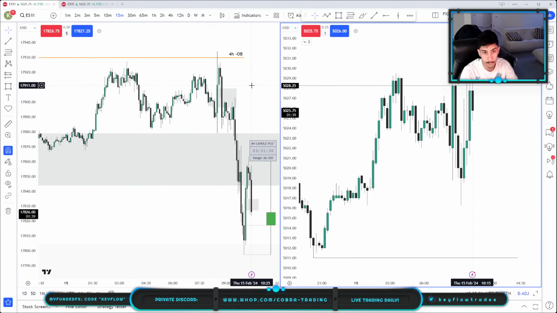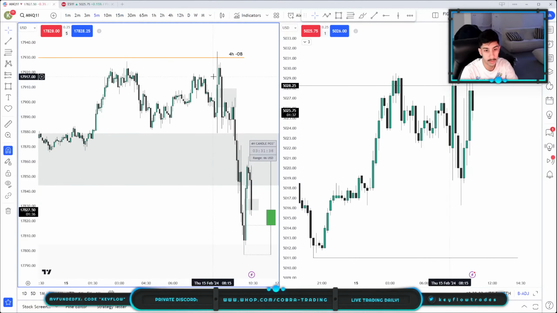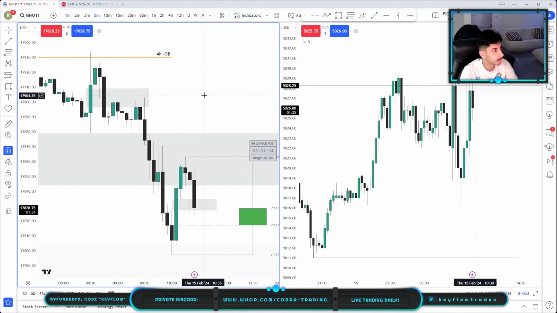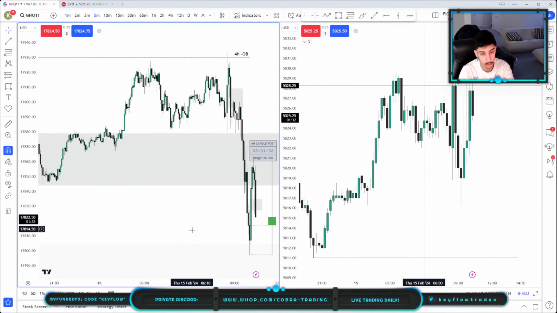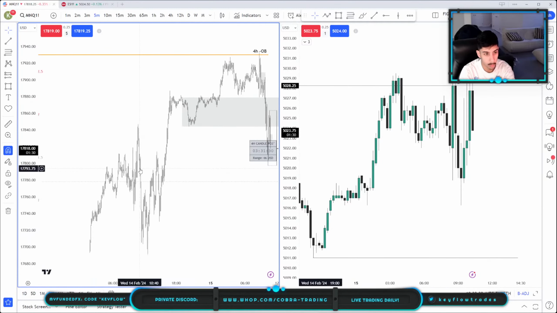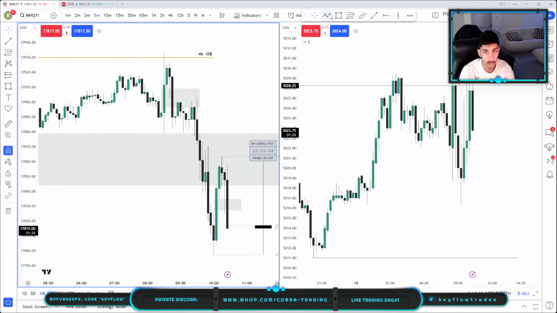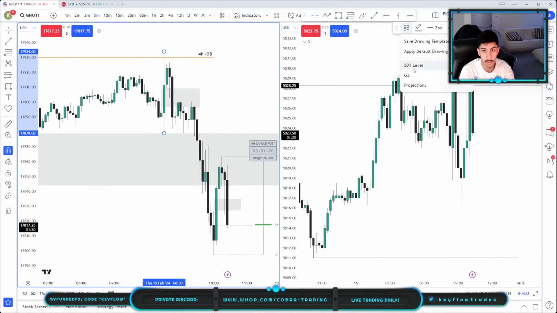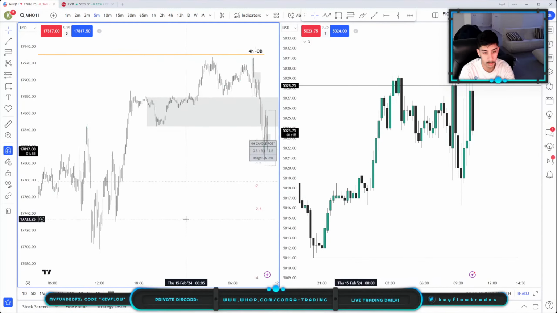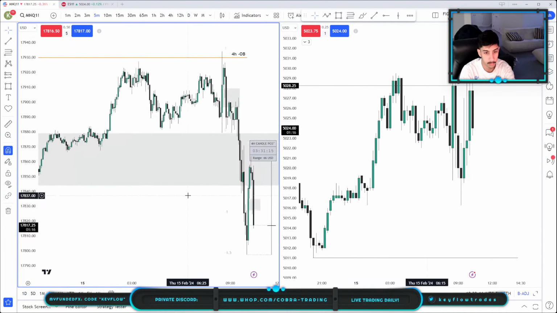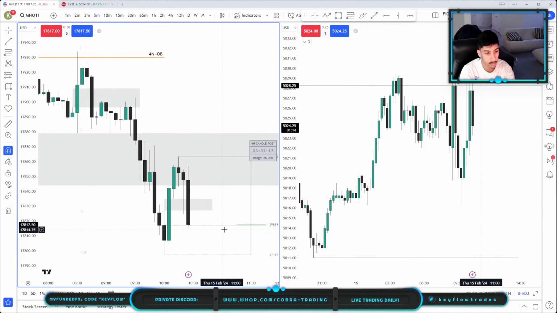We definitely have a lot of bearish SMT going on now. This 1.5 we can get rid of, only because it already got used. And yeah, there we go. That's about right. We've got a minute till the close.